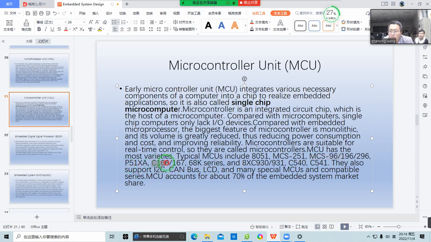And C166, this is developed on CC Studio. Most microcontrollers support I2C bus, CAN bus, LCD, and there are many special MCUs and compatible series. Right now, MCU accounts for about 70% of the embedded system market.